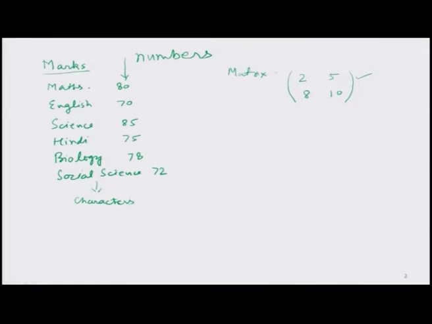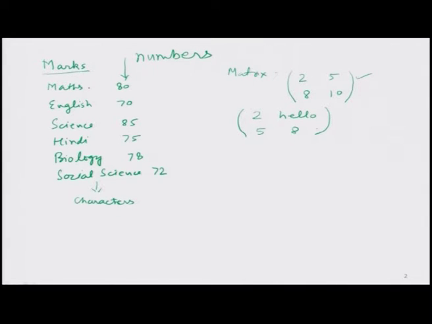Whereas, in case I write a matrix with 2 and here hello and here 5 and here 8, will you call this a matrix? Well, one can call it that, but you cannot operate any mathematical operators over this matrix.